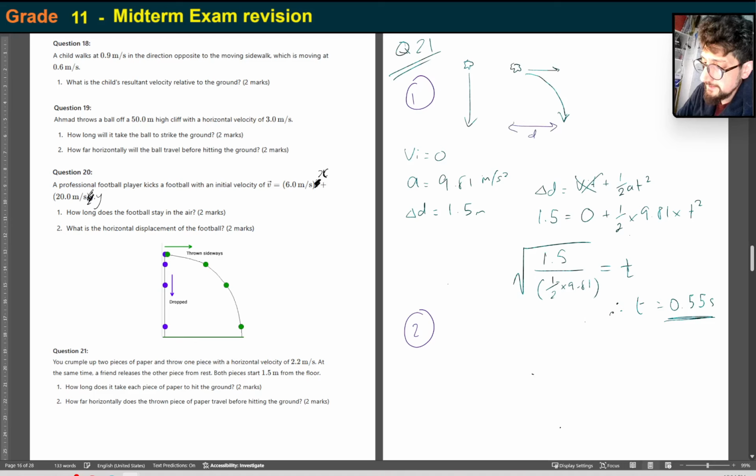Now we know that the horizontal speed was 2.2 meters per second, and so delta D is equal to 2.2 multiplied by the time, which is going to be 0.55, and that equals approximately 1.2. 2.2 times 0.55 is 1.21, so 1.2 was fine.